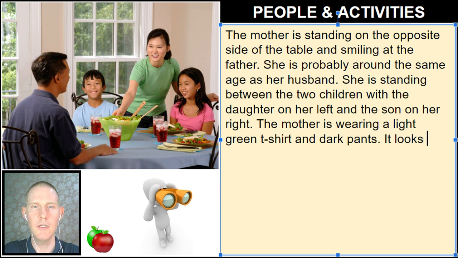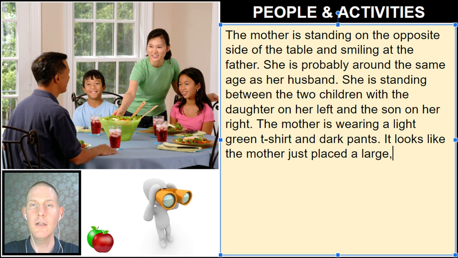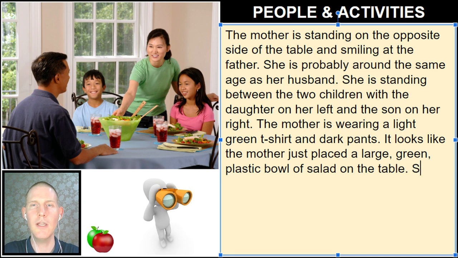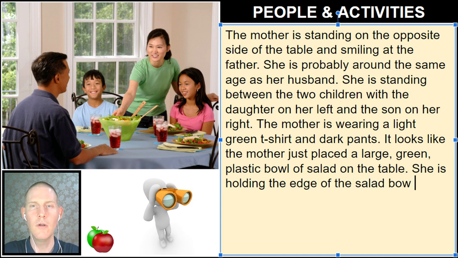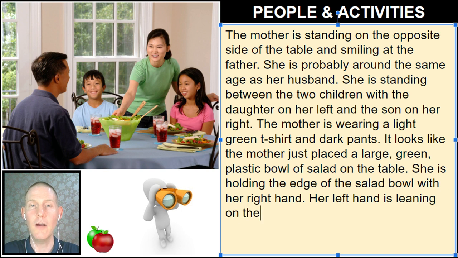It looks like the mother just placed a large green plastic bowl of salad on the table. So we could say she is holding the edge of the salad bowl with her right hand. Her left hand is leaning on the back of the daughter's chair.